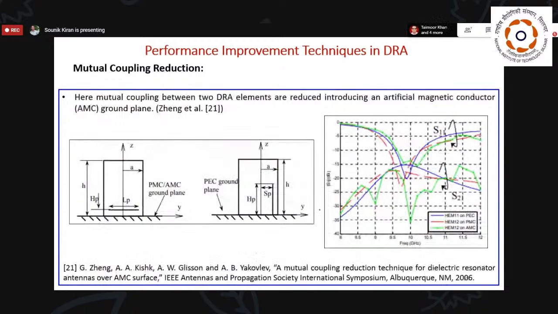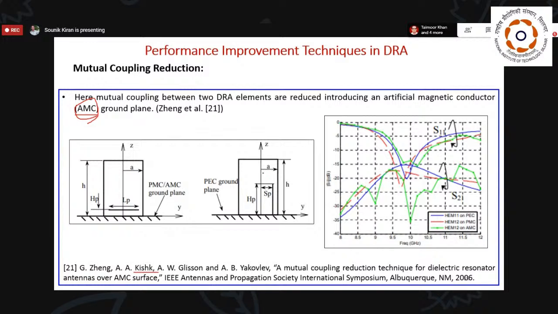If you look at this figure also, this was done by the group of Kisk, who was our speaker. They have used an artificial magnetic conductor ground plane. They have not done anything to the DRA shape, but instead of a normal ground plane, they have used an artificial magnetic conductor, AMC ground plane, that helps in achieving isolation.